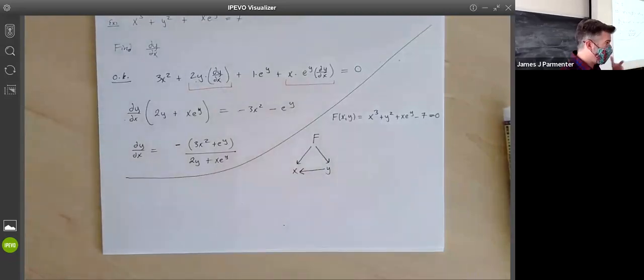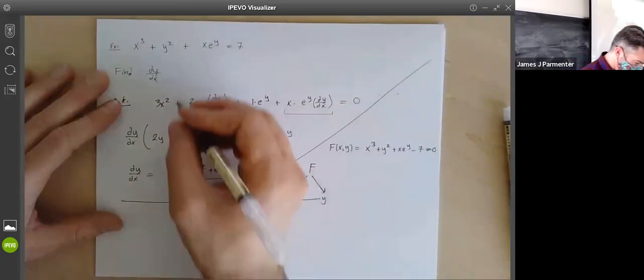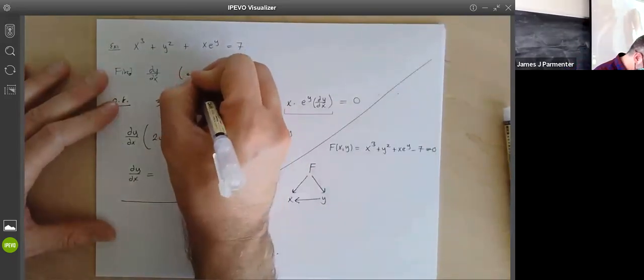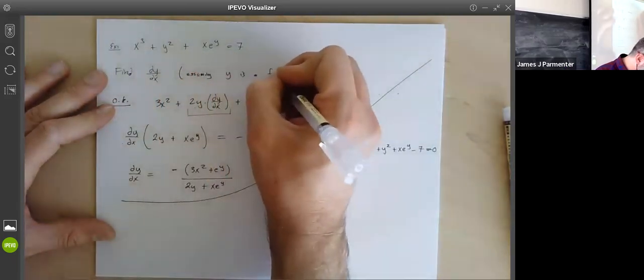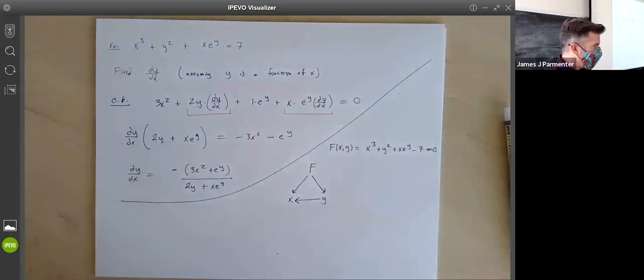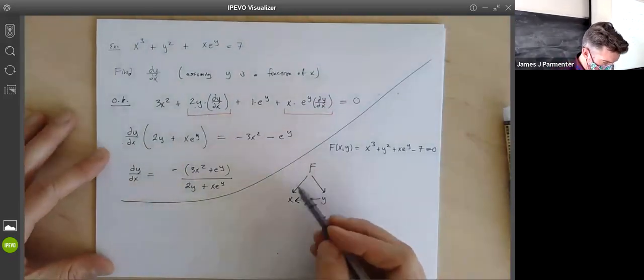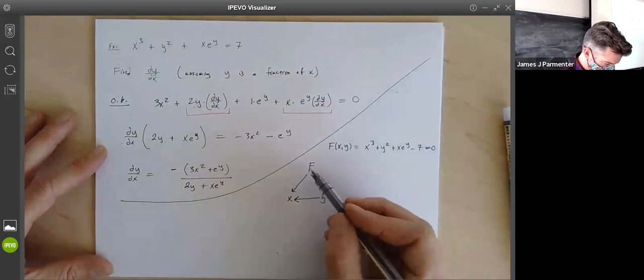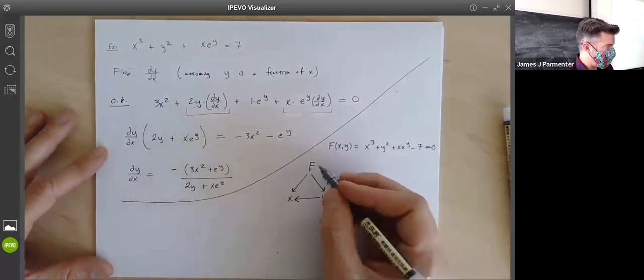Right? We made that assumption over here, right? We were assuming that y is a function of x. If we can do it there, we can certainly do it over here. It's totally allowed. So if I take the derivative of f, I need to find all the ways to get from f to x.